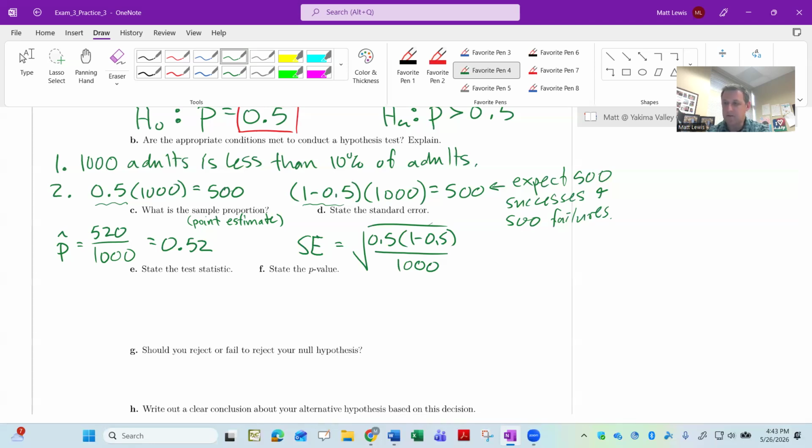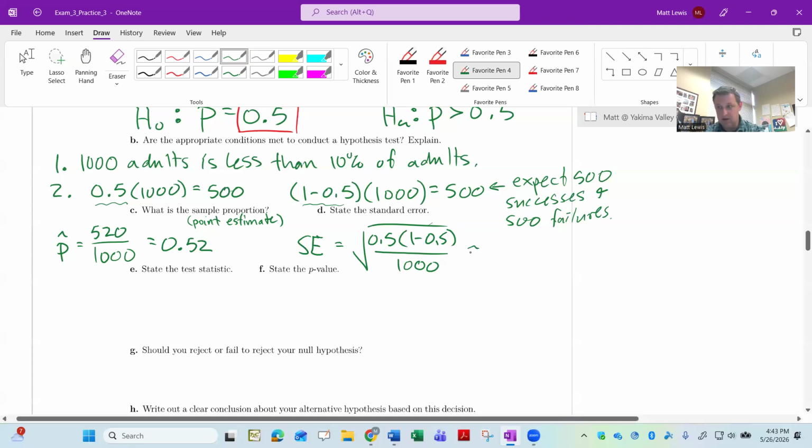I did it ahead of time, but my paper got cut off. So let's see. Here's my standard error, 0.0158.